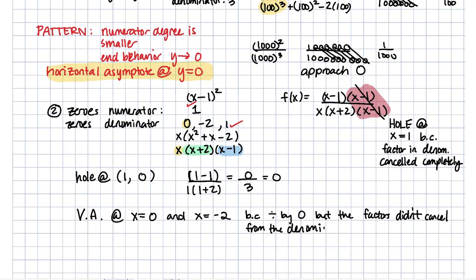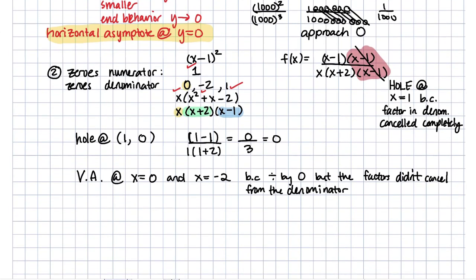So just comparing and contrasting, x equals 1, -2, and 0 are all going to be undefined, but the difference between the hole and the asymptote is that the factor that went with the hole in the denominator completely reduced out. So that is the distinguishing factor between vertical asymptotes and holes. Okay, so we've got pretty much all we can get from the numerator and denominator.